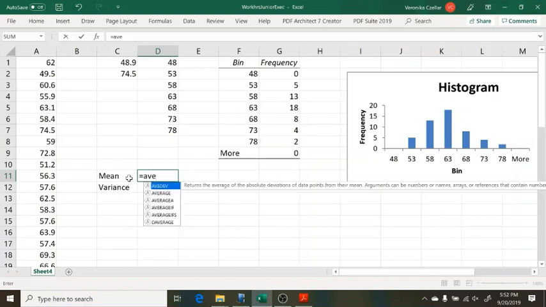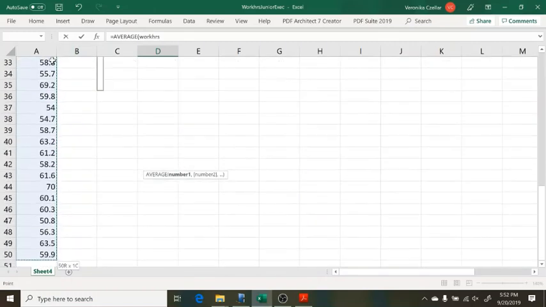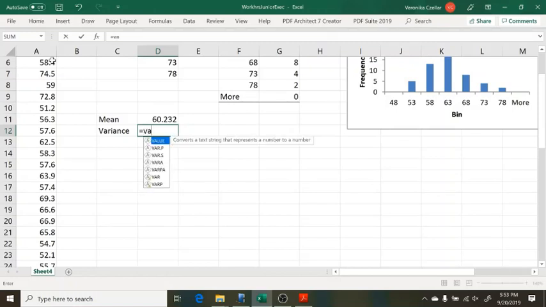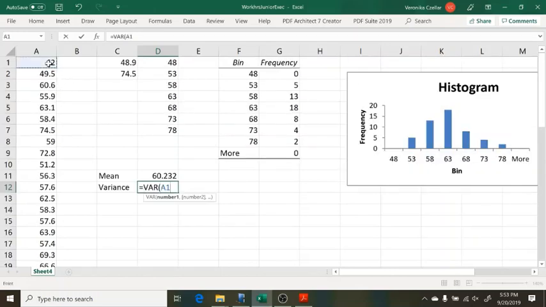I write average, and I specify the A column. So here it is, this is my estimate of mu. And here I will write the sample variance. In Excel, you simply write var, V-A-R, and then you enter your column.